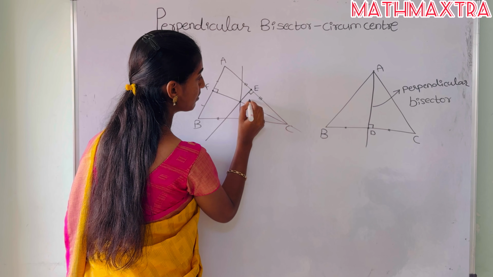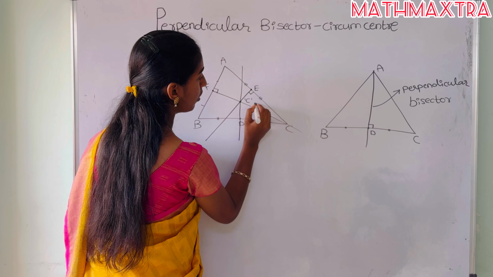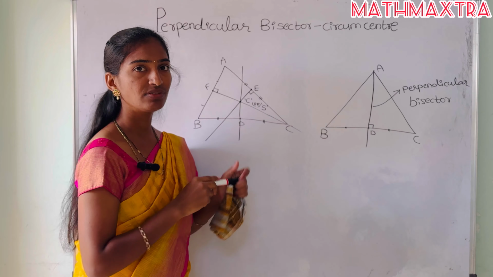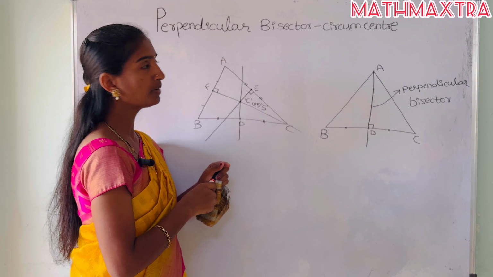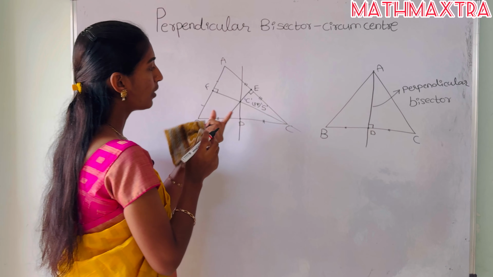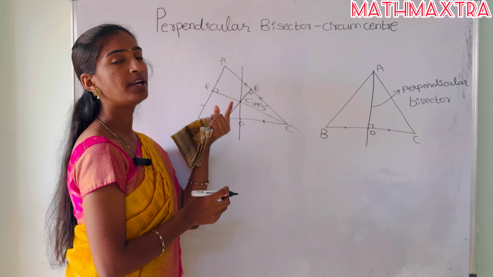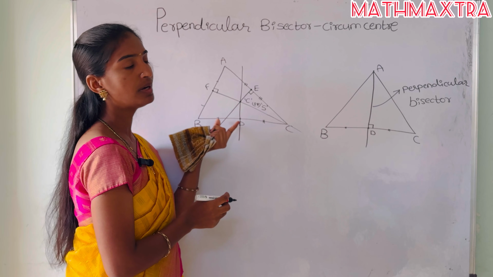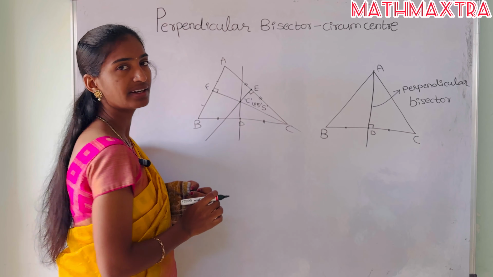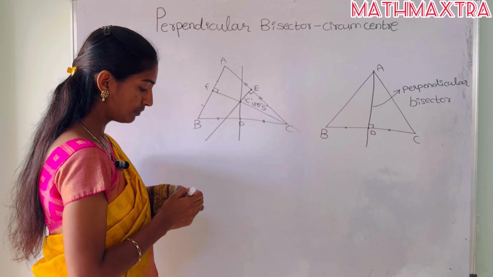We can represent it with either C or S. Nothing but the point of concurrency of perpendicular bisectors is called the circumcenter of a triangle.